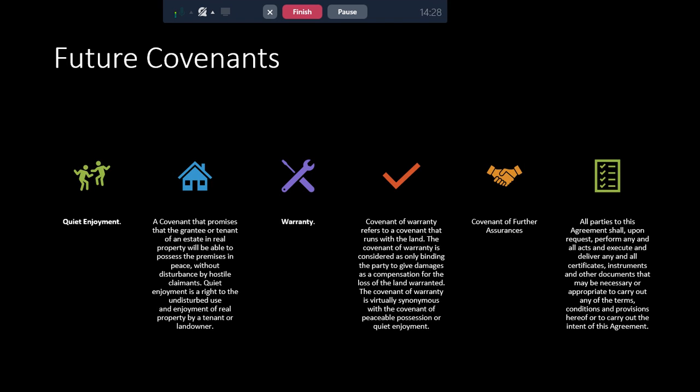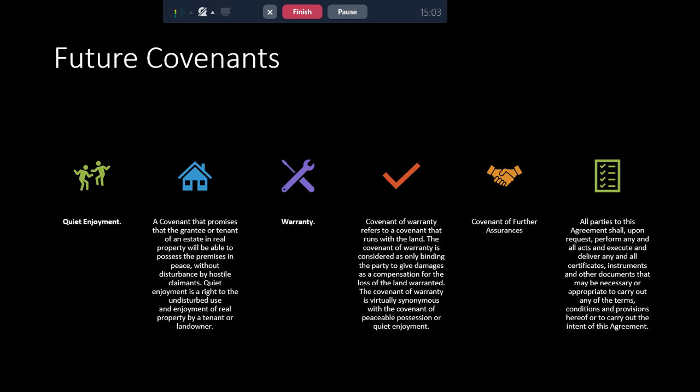It is considered as only binding the party to give damages as compensation for the loss of the land warranted. Then there's the covenant of further assurances: all parties to this agreement shall, upon request, perform any and all acts and execute and deliver any and all certificates, instruments, and other documents that may be necessary or appropriate to carry out any of the terms, conditions, and provisions.